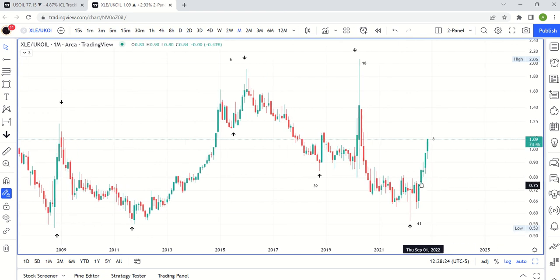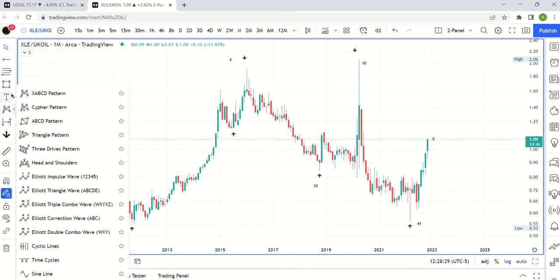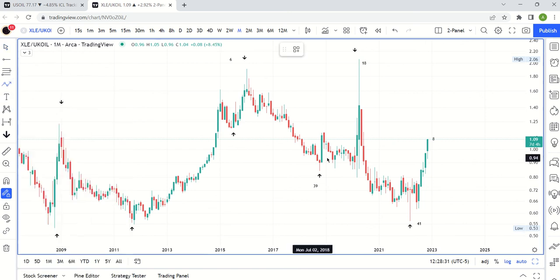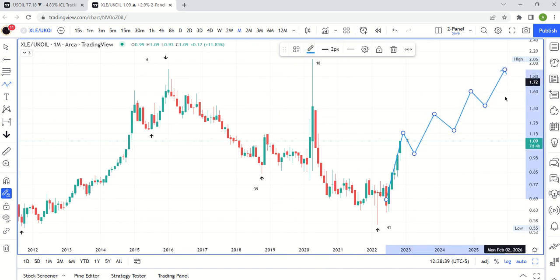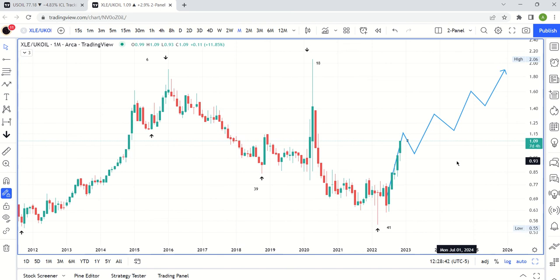Now, because it's been such a torrid pace, even if this continues to move higher in the long term, we're going to get some kind of pullback, because that's how things move. You could see something like that. So all that to say, XLE could definitely have more legs than one may think.